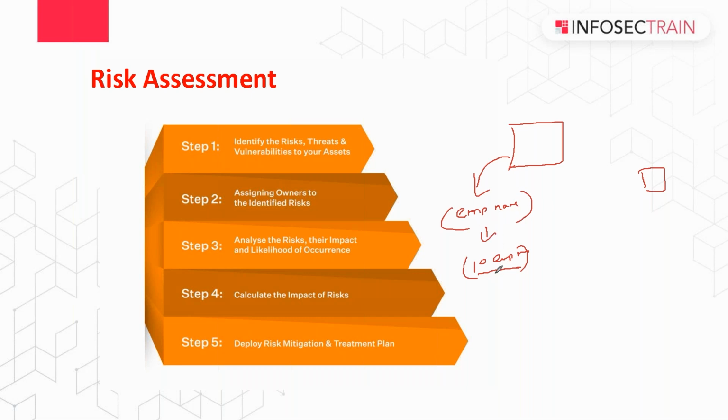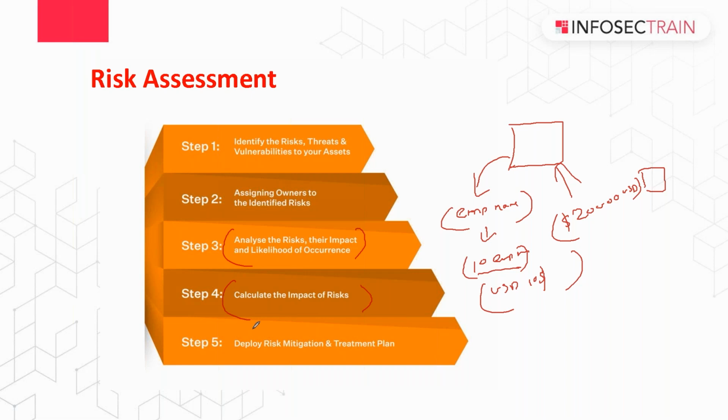Let's say the information leaked is worth only USD $10, but to patch this problem I need to invest at least 20,000 USD. So the organization will decide whether they want to accept this or not. They are going to analyze the impact. What is the outcome of that problem? How much information is getting leaked? Calculate the impact and the risk.